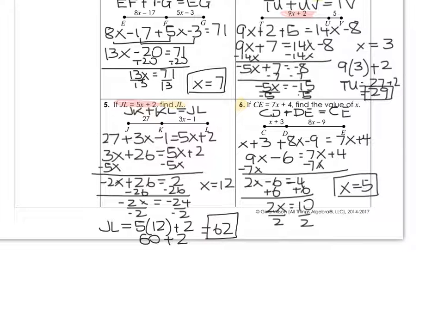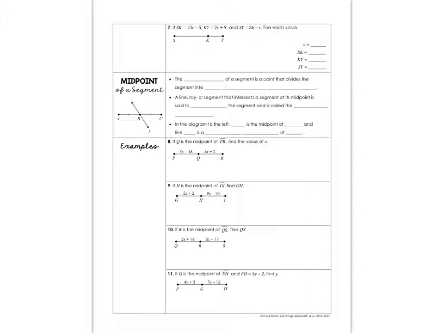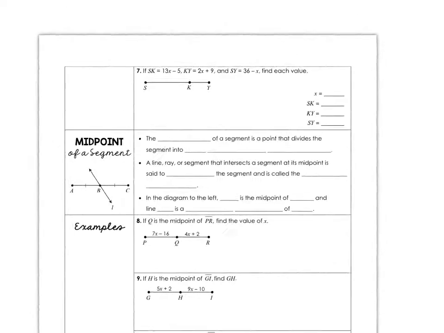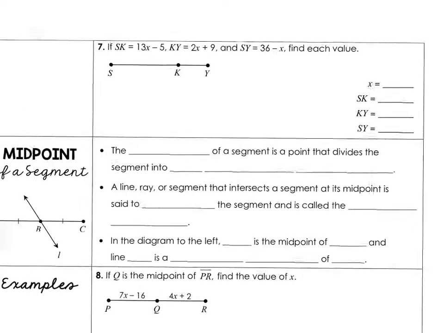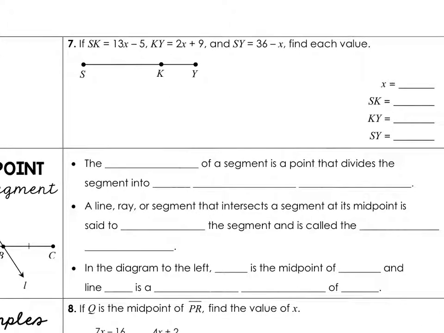Okay, on the next page, we have one more example of segment addition. In this problem, it's asking for everything. Let me zoom in here a little bit. Look over here to the side.